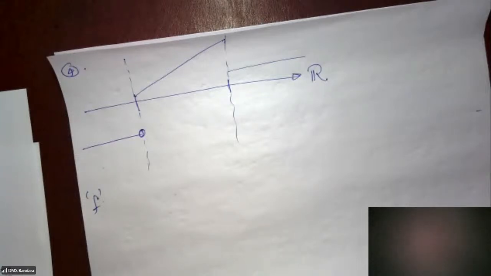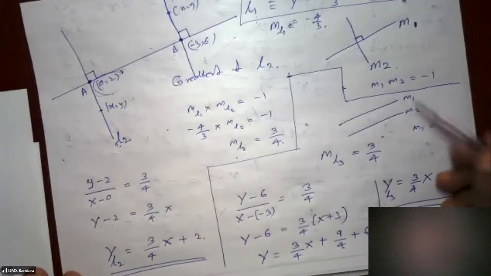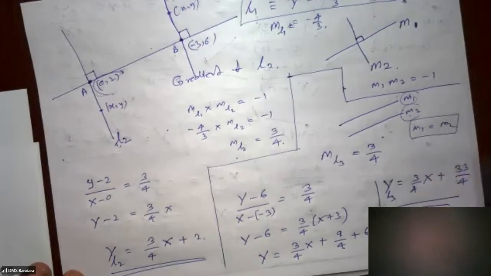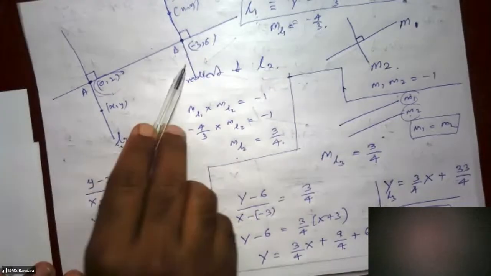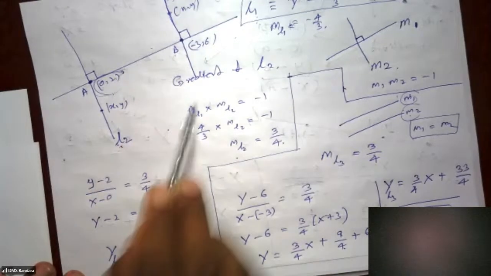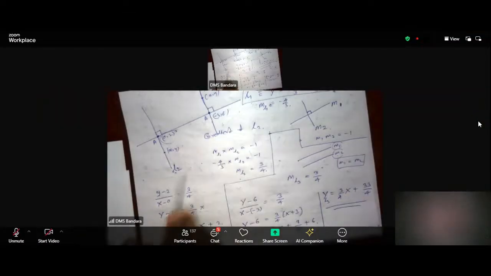You want to see the parallel one? Yes. When two lines are parallel, the gradients of the two lines are equal. The question says L2 and L3 are parallel. Because these are parallel, the gradients are equal.